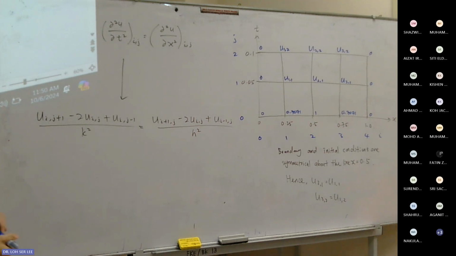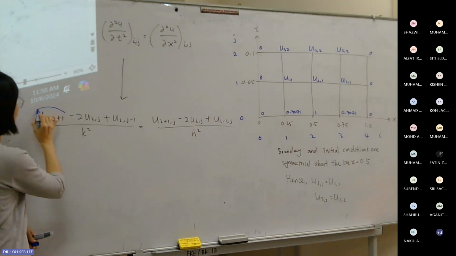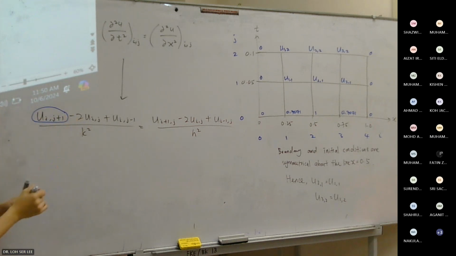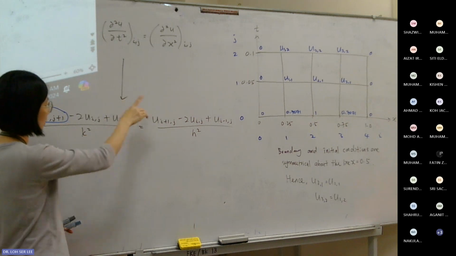And we know that we want the u i j plus 1 to leave. So we move the k to the right.